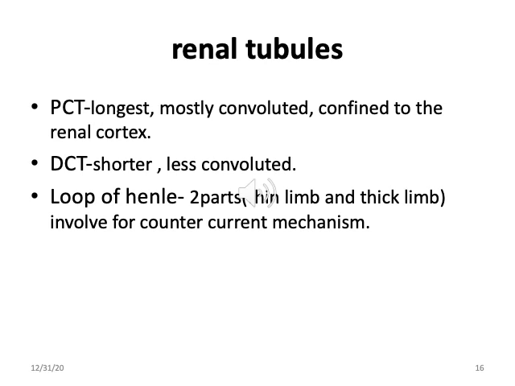Let's discuss the renal tubules. The proximal convoluted tubule is the longest and most convoluted, and is confined to the renal cortex. The distal convoluted tubule is shorter and less convoluted than the proximal convoluted tubule. The loop of Henle has two parts, the thick ascending limb and the thin descending limb, which are involved in the countercurrent mechanism.